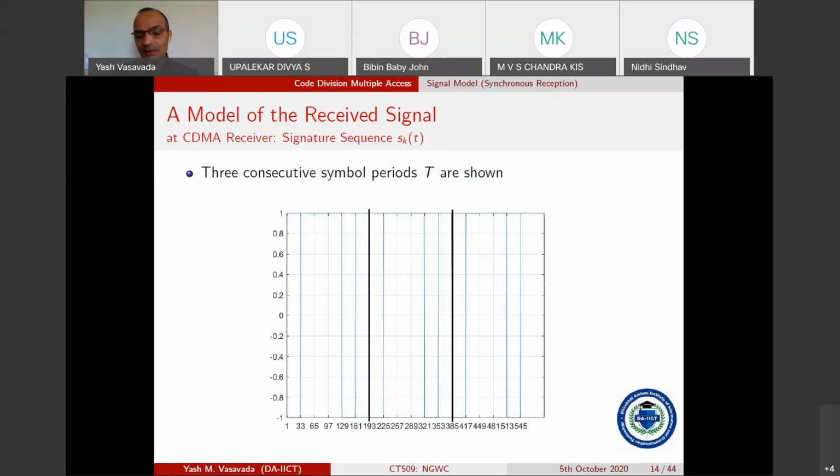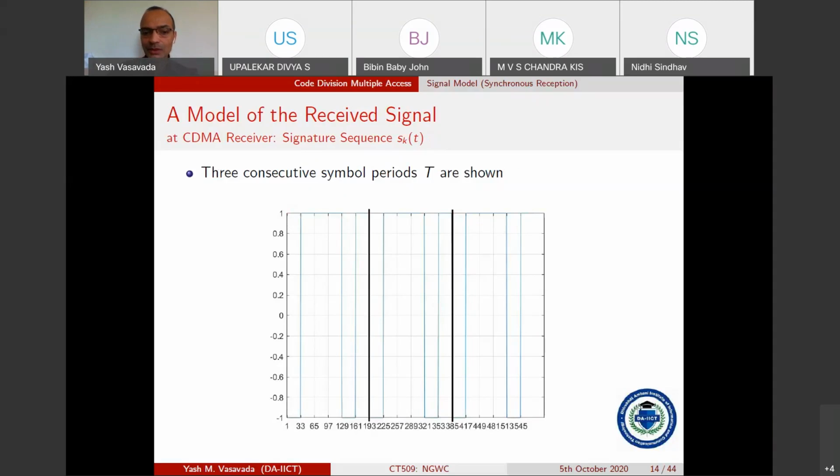Essentially, we will be separating these users by trying to maintain some orthogonality. It may not be a complete orthogonality, but something close to being orthogonal for the different capital K users, by carefully designing these signature sequences.